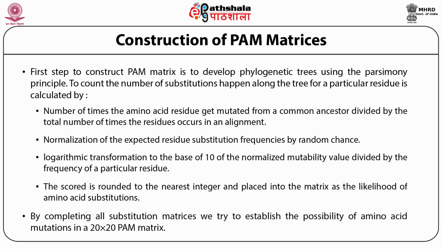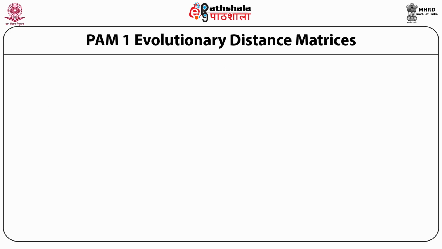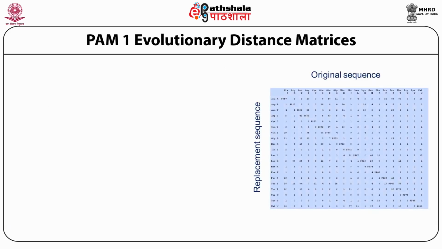By completing the whole substitution matrix, we try to establish the possibility of amino acid mutation in a 20 by 20 PAM matrix for protein sequences. Here is an example of a PAM1 evolutionary distance matrix. On the right side you see a matrix which has the original sequence on the top panel and the replacement sequence on the left panel.